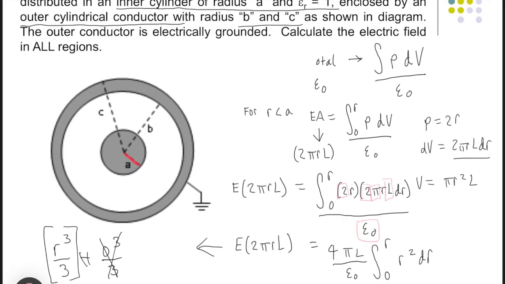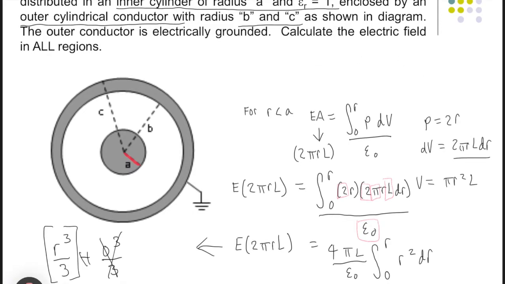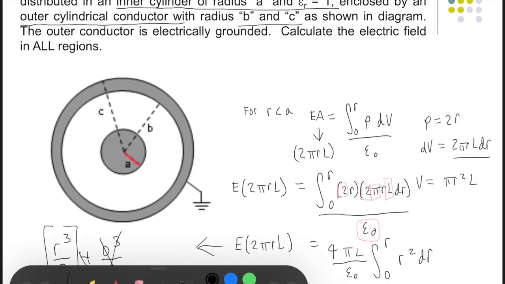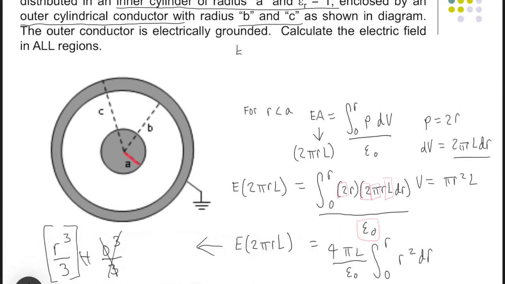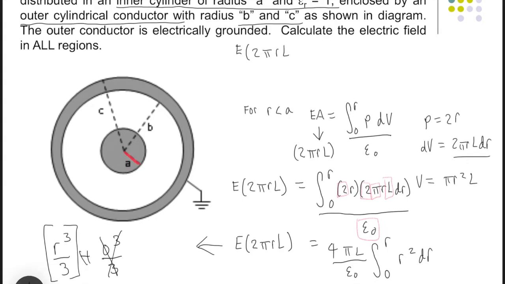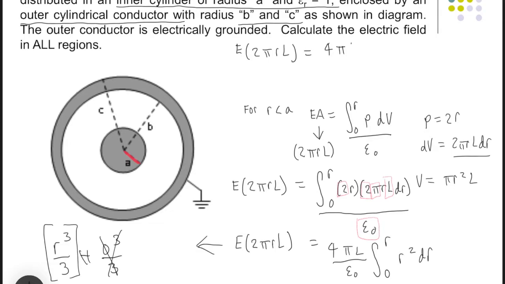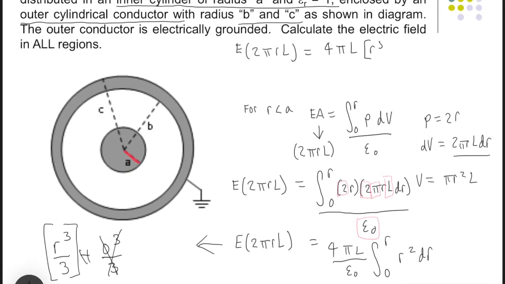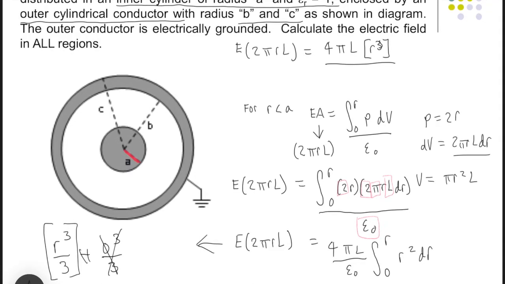So then we get E 2 pi RL is equal to 4 pi L r cubed over 3 epsilon naught.